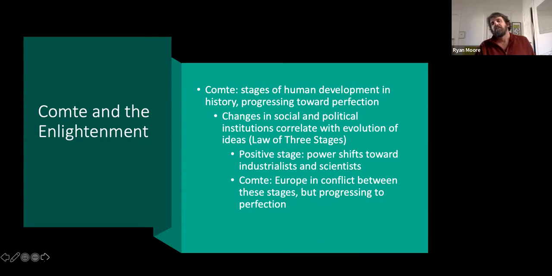That the long arc of history bends not towards justice in this case, but towards some sort of progress or truth or science or industry. I suppose he would probably include that.